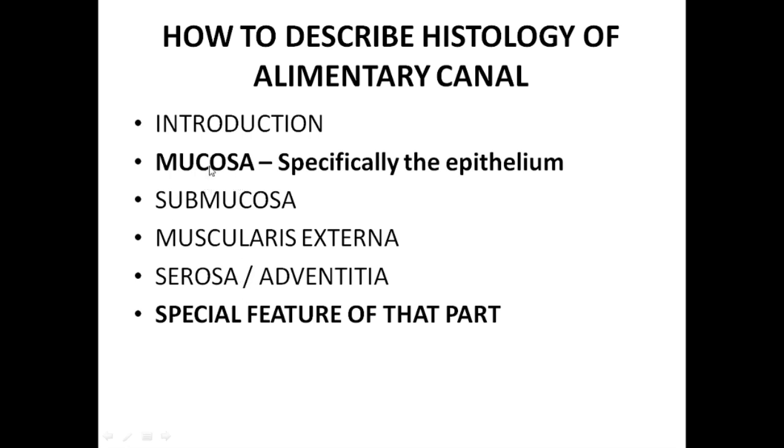Suppose in some part there are special mucosal features, or in some part special features in the muscularis externa, then you have to describe that in detail. Otherwise in the remaining parts you can write more or less the same thing. So this is how you can easily answer the question.